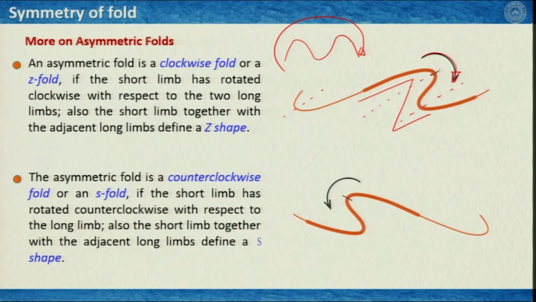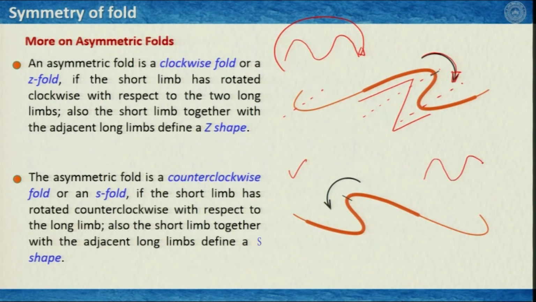The asymmetric fold is a counterclockwise fold or an S fold if the short limb has rotated counterclockwise with respect to the long limb. Also, the short limb together with the adjacent long limbs defines an S shape. Now focus on this illustration.